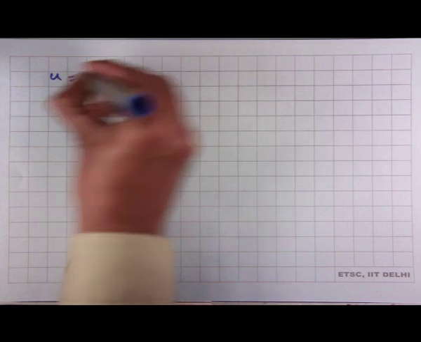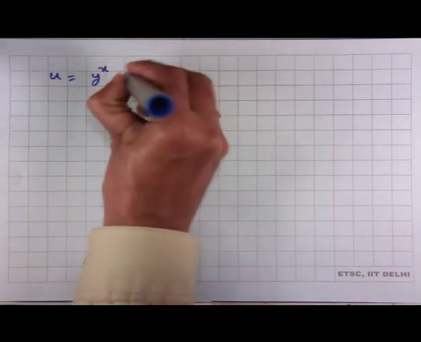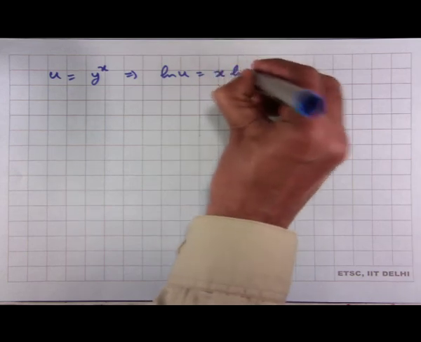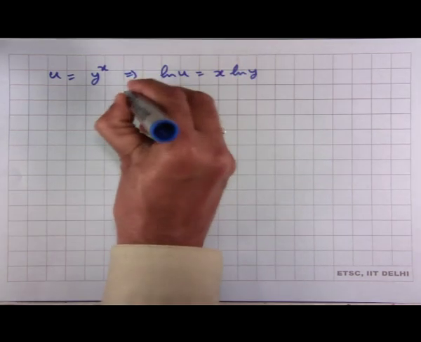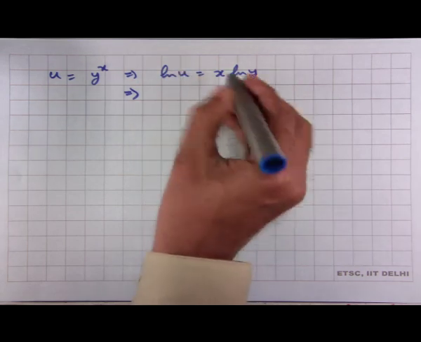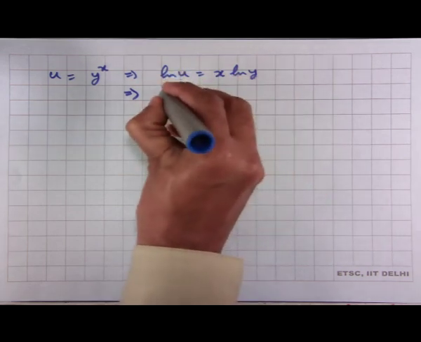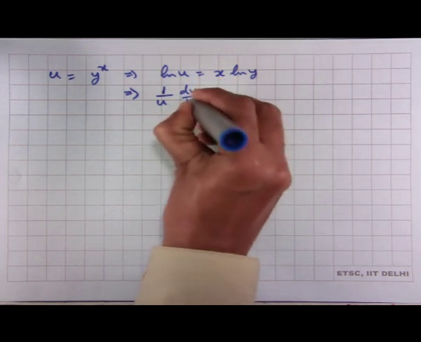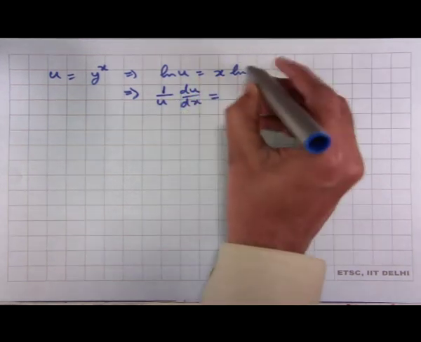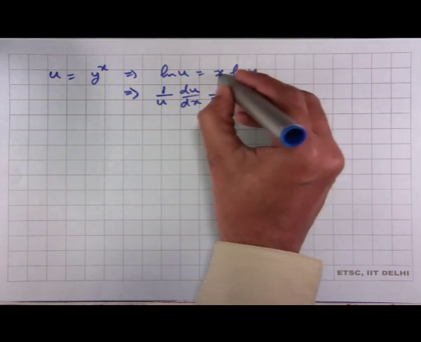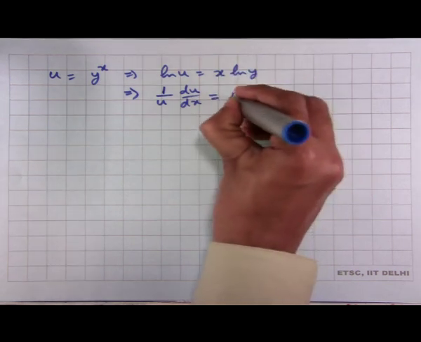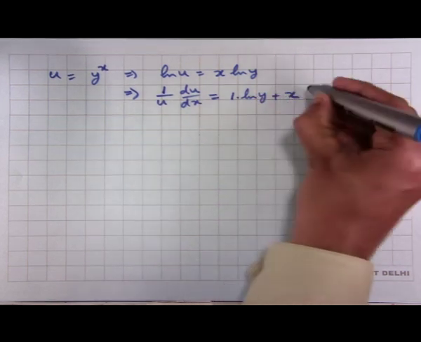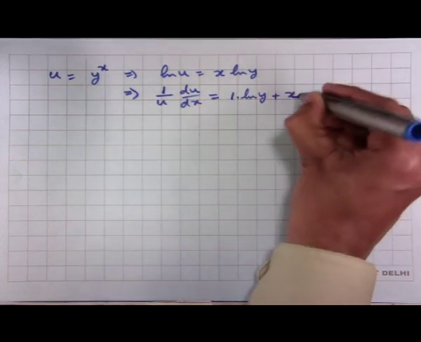u is equal to y to the x, this implies ln u is equal to x ln y, which implies if I differentiate with respect to x, I get 1 by u times du by dx is equal to the derivative of this with respect to x. The derivative of x with respect to x gives me 1 times ln y plus x times the derivative of ln y with respect to x.